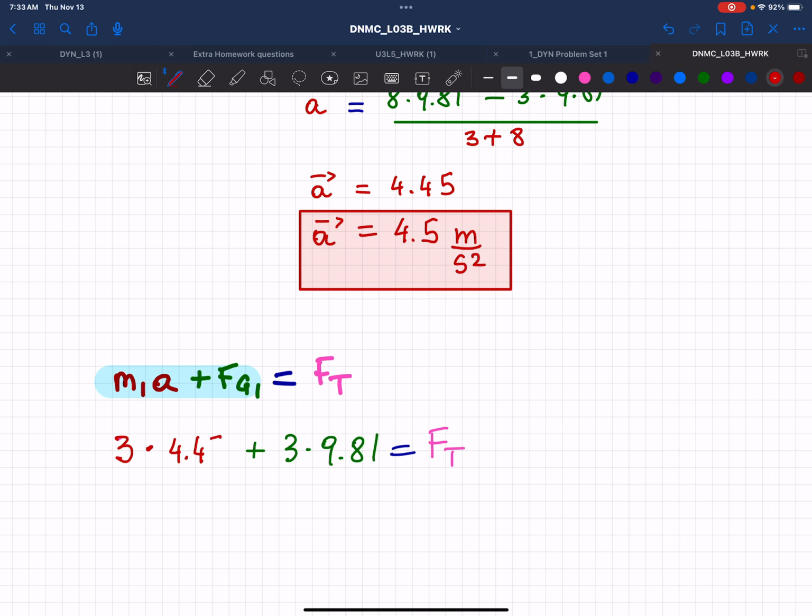If you use this number, it's going to be more accurate, because using rounded numbers will provide more discrepancy in the final answer. So 3 times 4.45 plus 3 times 9.81, that will be the tension that the rope will have to bear.